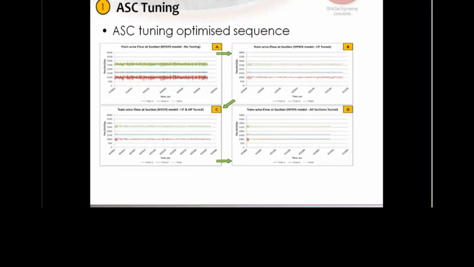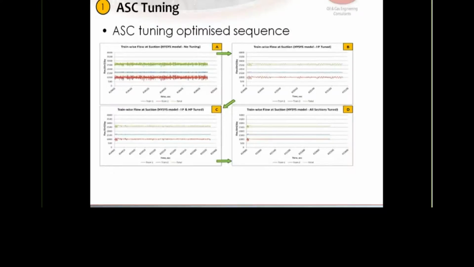Then after we did this, there are two other things that we did. We proposed a modified load sharing control logic, but before we did that, our whole effort was to make sure that we could unlock the production capacity of the compressors and increase the reliability.